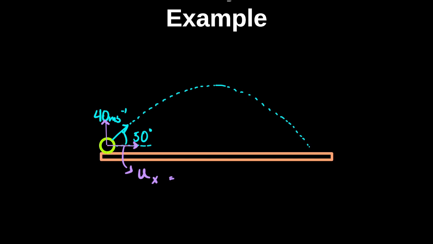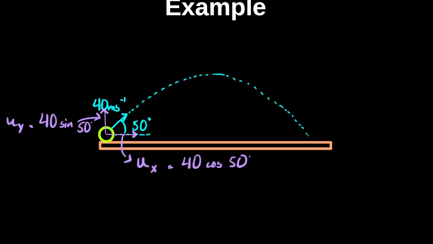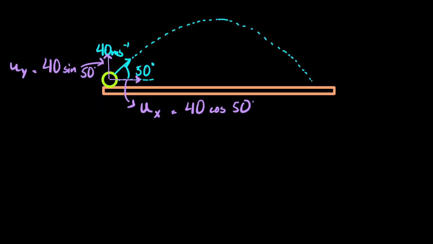So it would be 40 cos 50. And then similarly the other one, which is the vertical one, would be 40 sine 50. So the initial vertical component would be 40 sine 50, right?